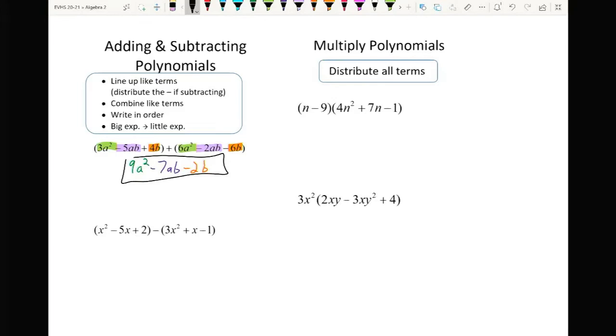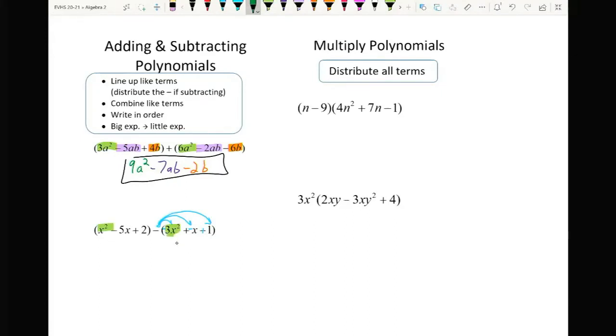Okay, now on the next one here, we've got a subtraction sign. So we've got to make sure that we distribute that out. So that's going to give me a negative 3x, a negative x, and a positive 1. Now, let's see, we've got x squared and x squared.